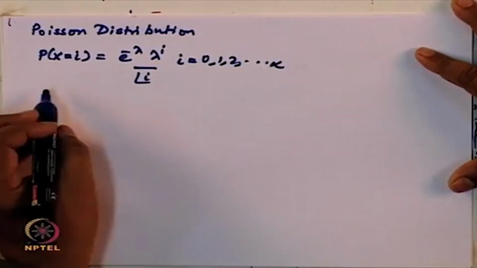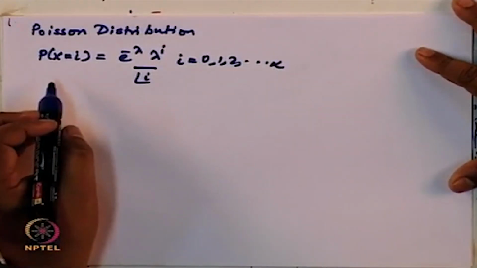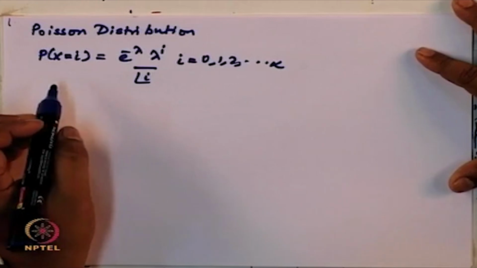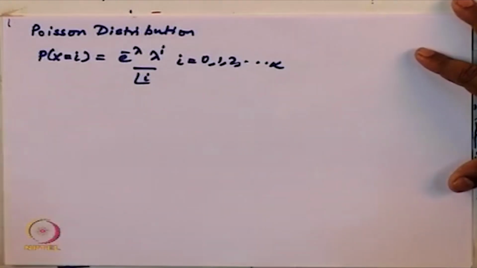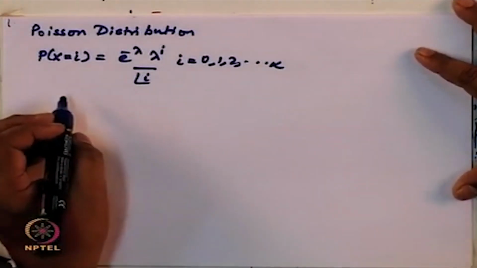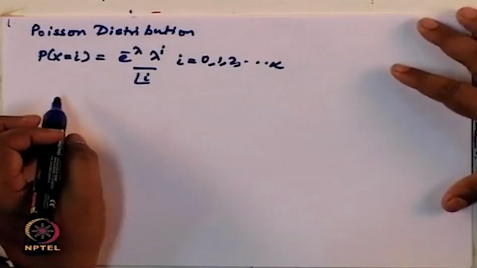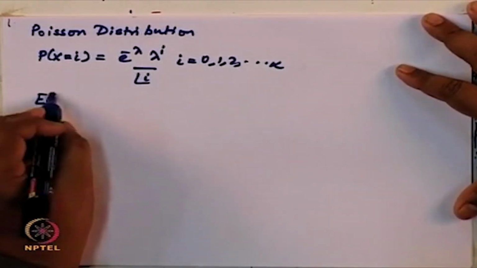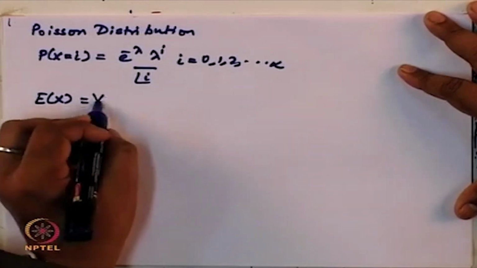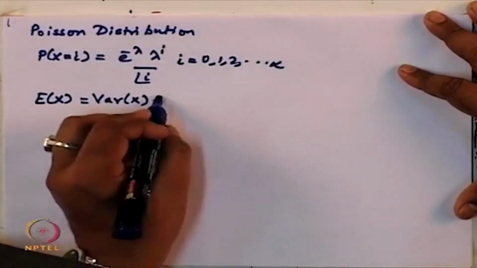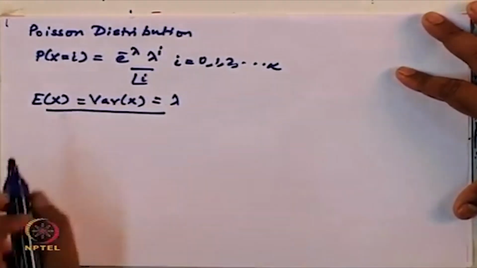The Poisson random variable is a discrete random variable, but it can go up to very high values. What we demonstrated in the last class was that for the Poisson distribution, the expectation and variance both return a value of lambda.